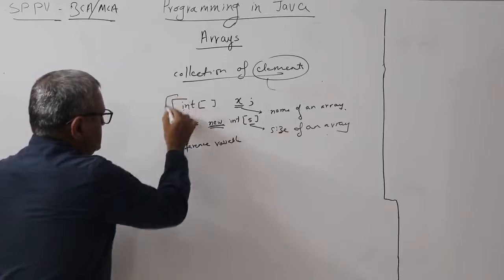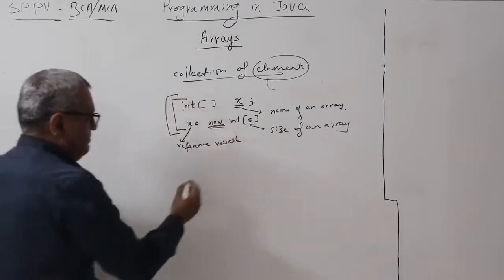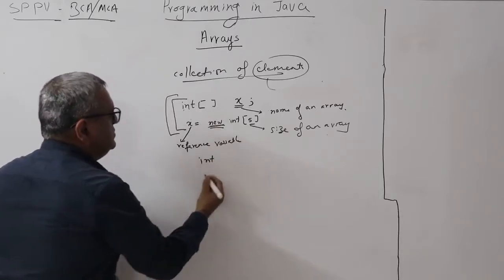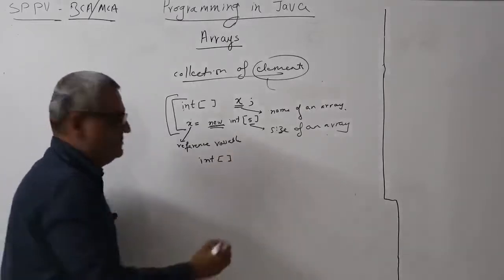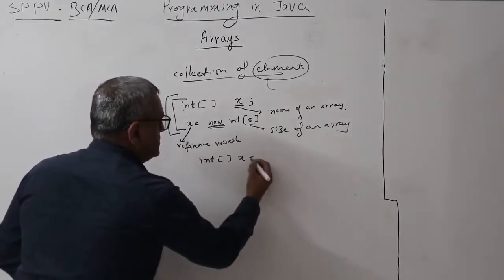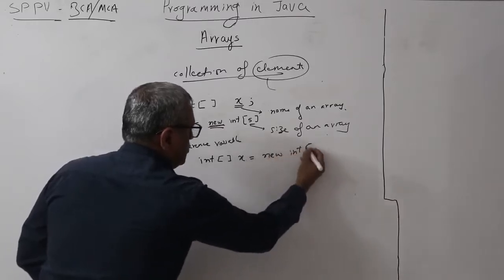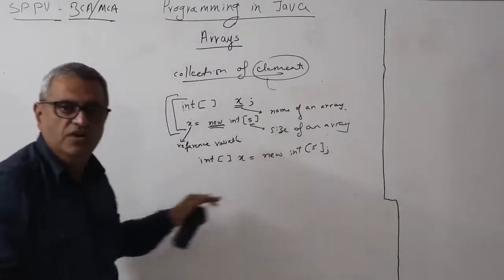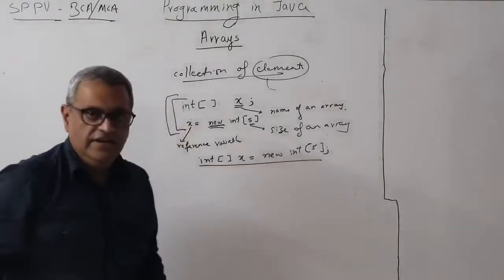These two statements can also be written in a single statement: int x equals new int of 5. So this is how I can declare an array.